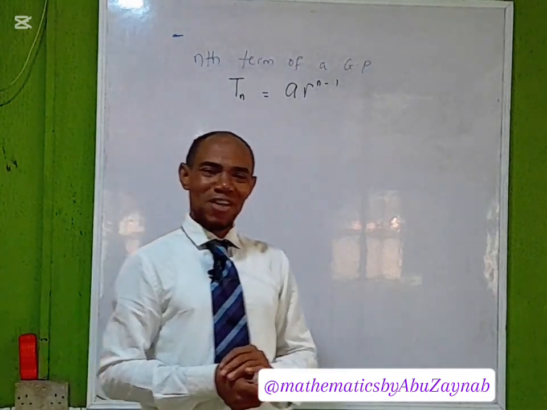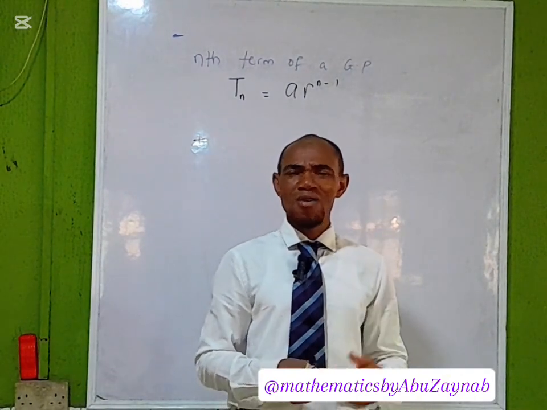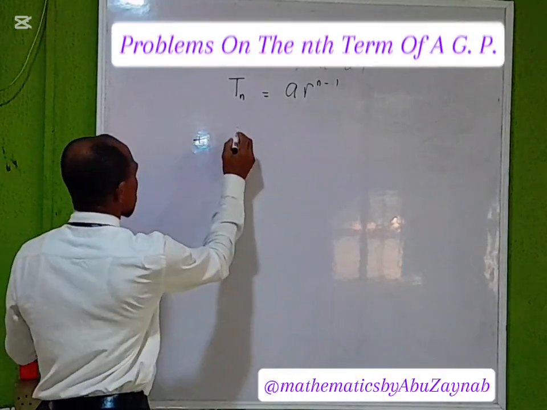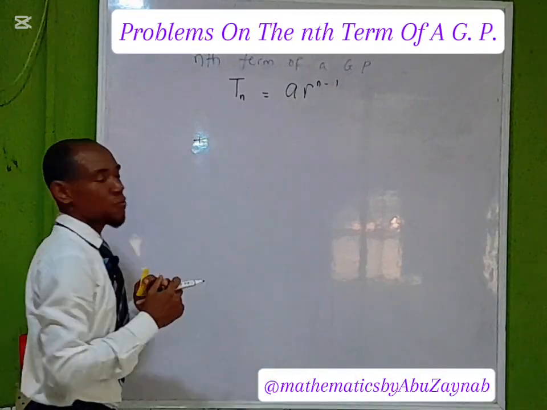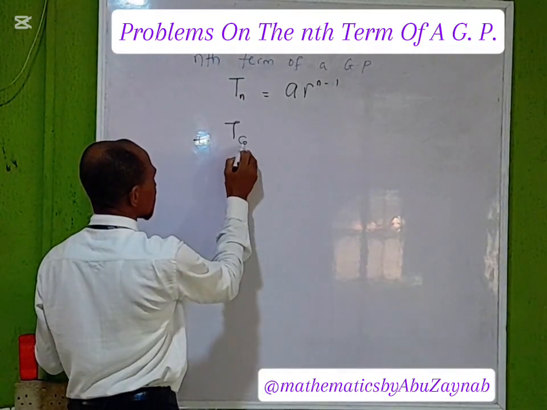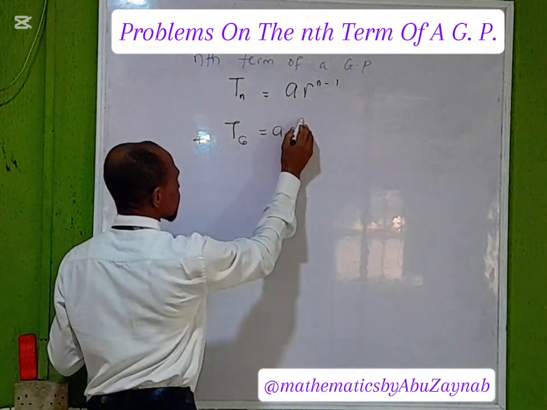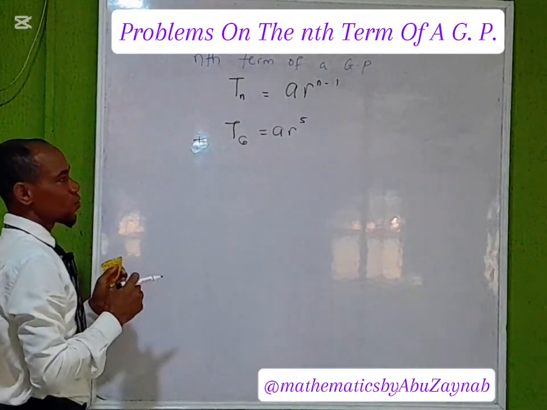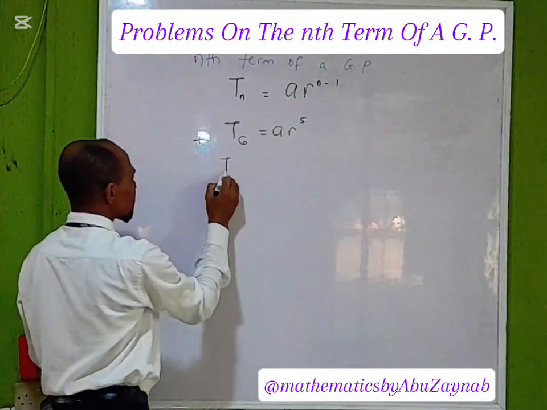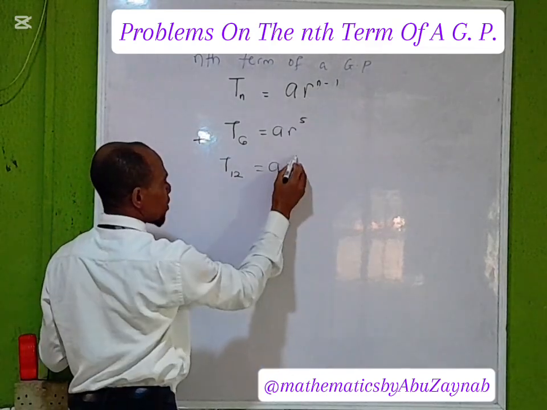We looked at some examples as well at an introductory level, but today we are going deeper to see how this formula can really be applied. To start with, if you look at the formula, Tn equals A R raised to power n minus 1. If, for example, you are asked to find the sixth term, that would be T6. That would be A R to the power 6 minus 1, which is 5. So for the sixth term, we're going to have 5 as the power of R. What about T12, for example? That would be A R to the power 12 minus 1, 11.